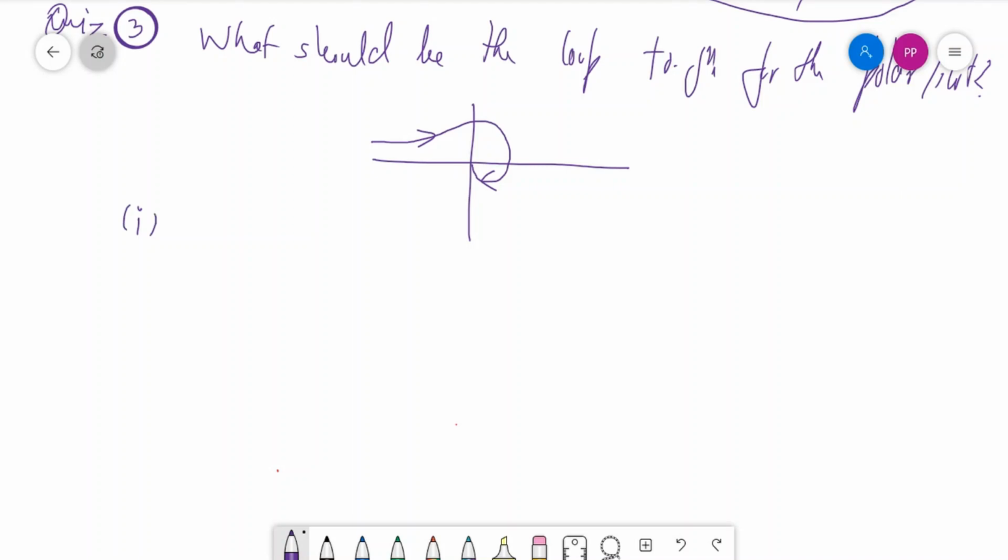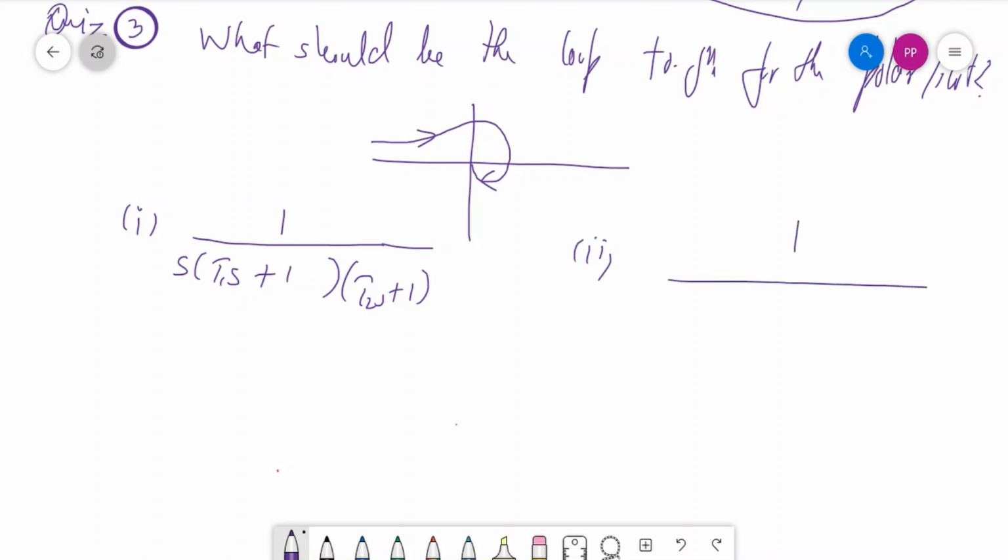So the first transfer function is 1 divided by s into tau 1s plus 1 into tau 2s plus 1. The second transfer function is 1 divided by tau 1s plus 1, tau 2s plus 1, tau 3s plus 1.